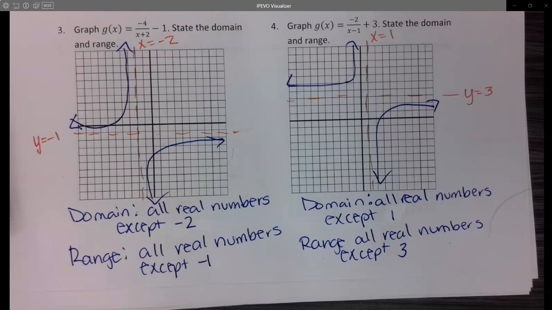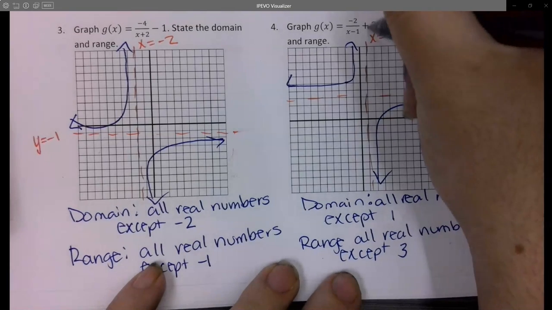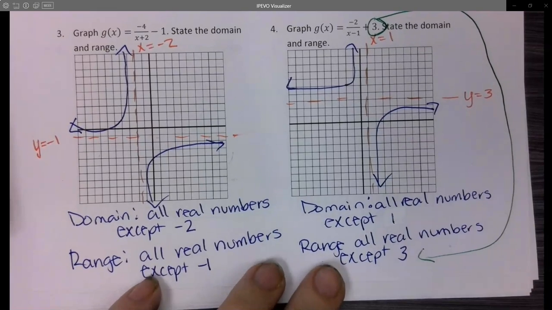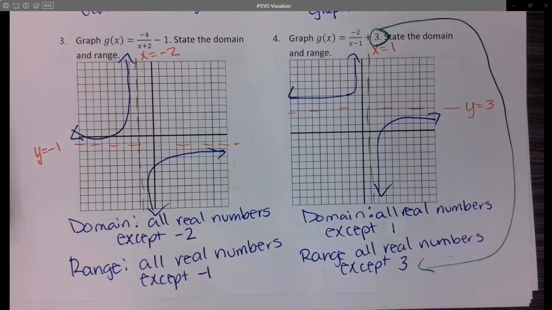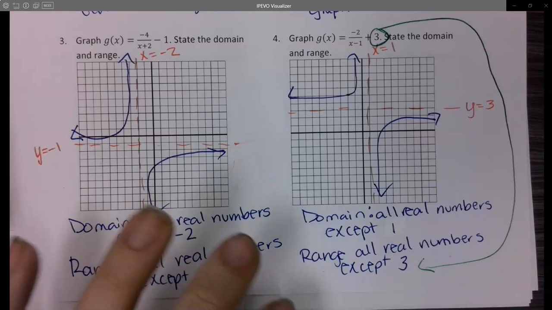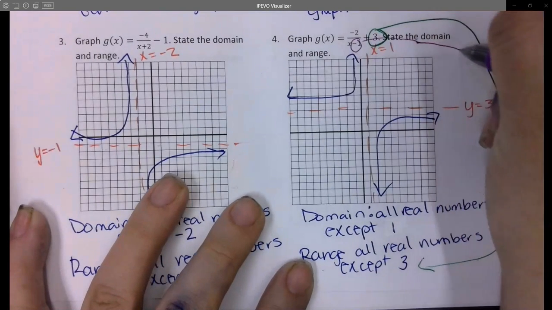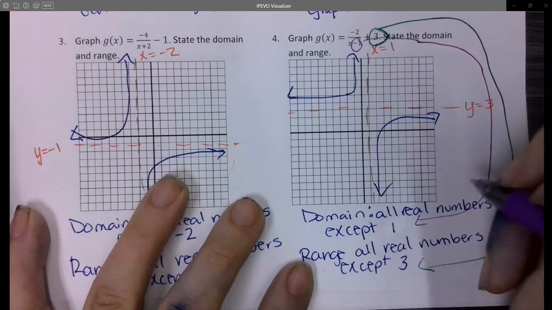My bad. So, one thing I want to point out is if I look back at this equation, this number at the end is the same as this 3. Also, this number under the fraction, the -1, is opposite the sign of this one.